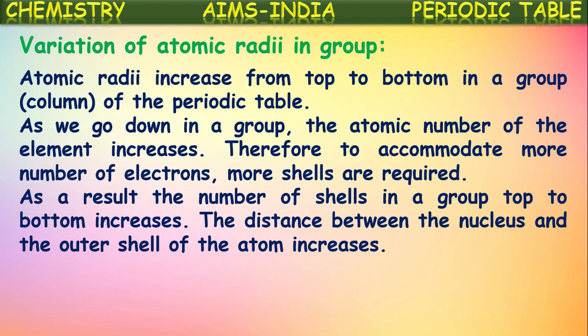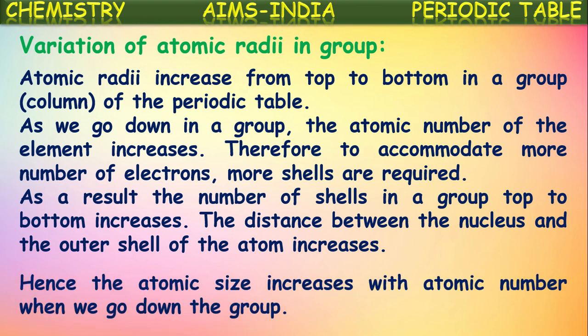So we can say the atomic size increases from top to bottom in a group with increasing atomic number. Why is it increasing? Because the number of shells increases from element to element as we move down in the group, so the distance between the nucleus and the outermost shell increases, hence the atomic radius increases in a group from top to bottom.